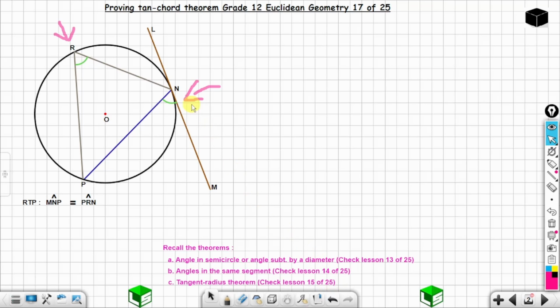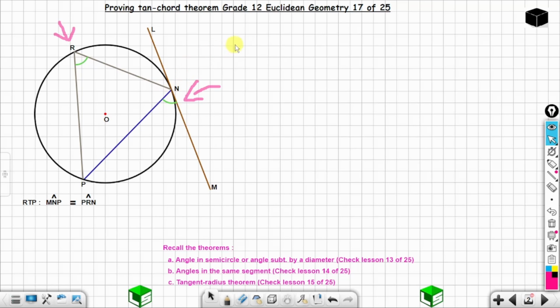So you have to focus on this part. Try to create a 90-degree angle on each part. From this part you have a tangent. You can use the tangent radius theorem to create a 90-degree angle from the point of contact.